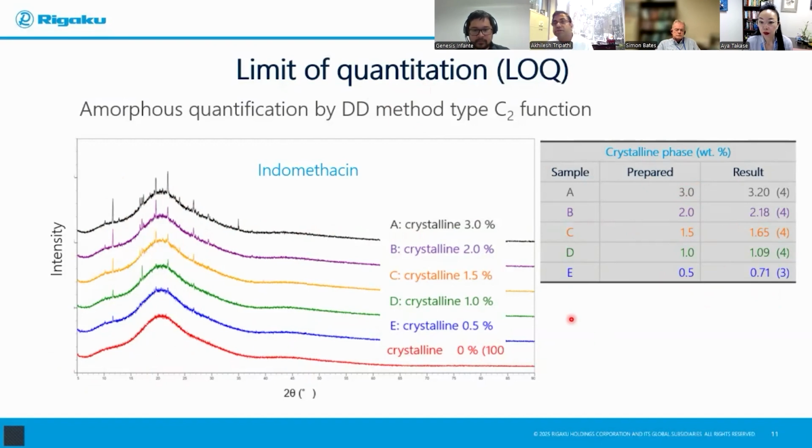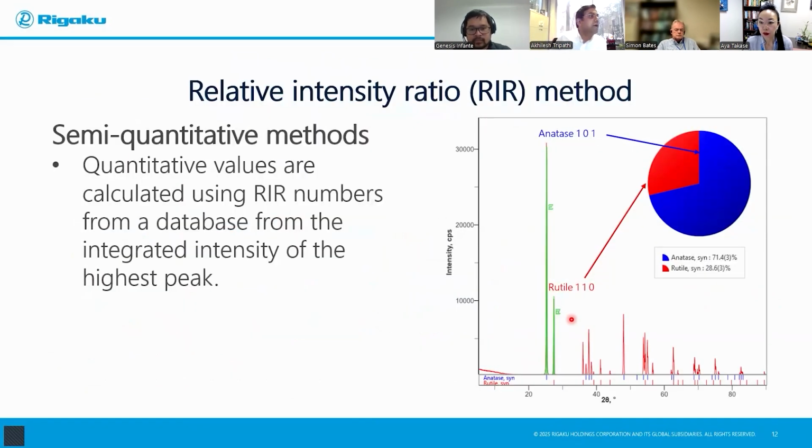Relative intensity ratio. Let's look into a more quantitative method, the RIR method. We call these generally integrated intensity methods. In this case, for example, you can take the highest peaks of the two phases mixed into each other. They are ratioed, or there is a general RIR factor, a number associated with a common denominator, such as corundum.